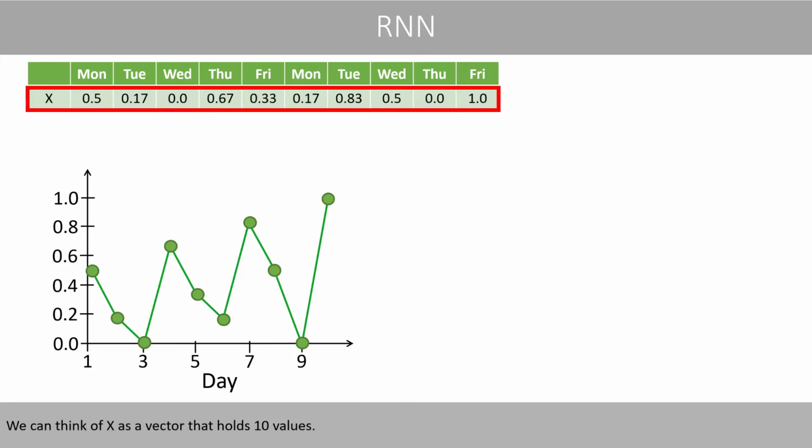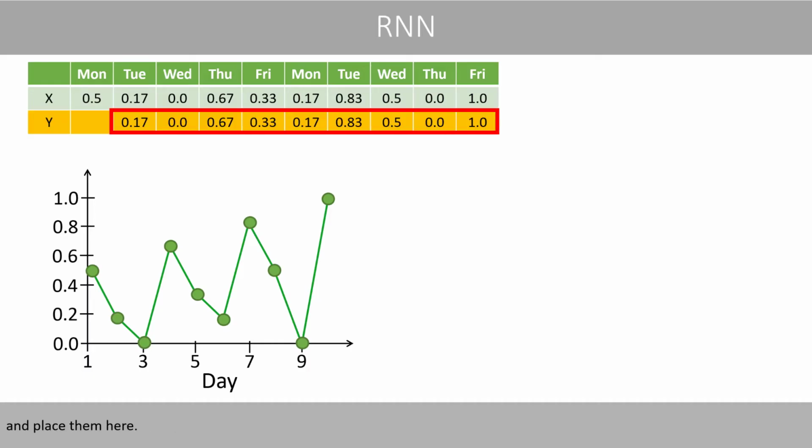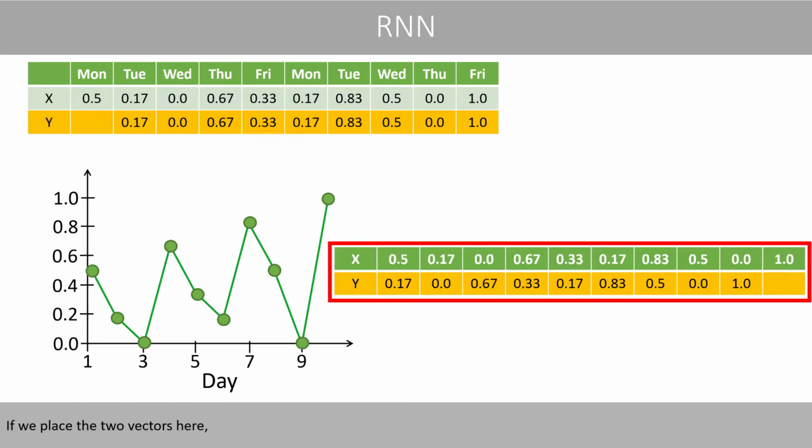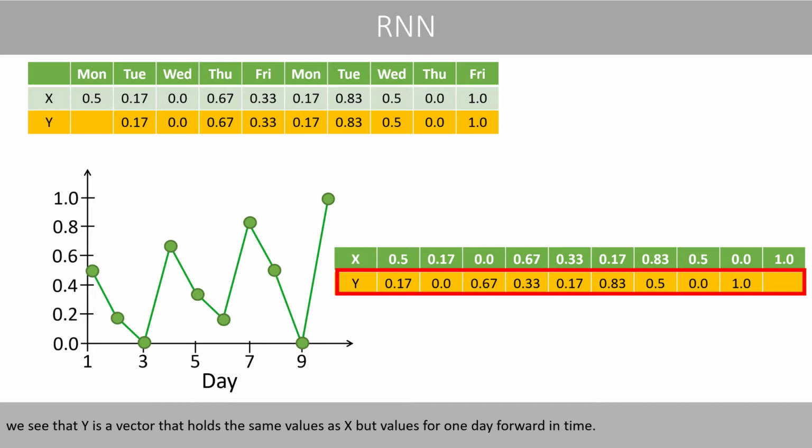We can think of x as a vector that holds 10 values. I will now copy these values and place them here. Let's denote this row of numbers as vector y. If we place the 2 vectors here, we see that y is a vector that holds the same values as x, but values for 1 day forward in time.